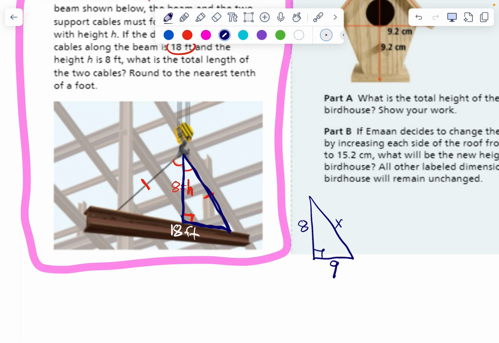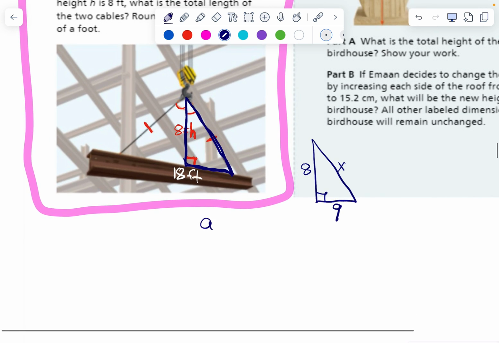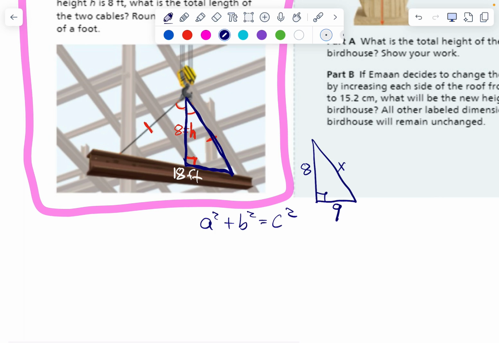In a right triangle, how can we find lengths in a right triangle? I'll start you off. A squared. What's that called? That's called the Pythagorean theorem.